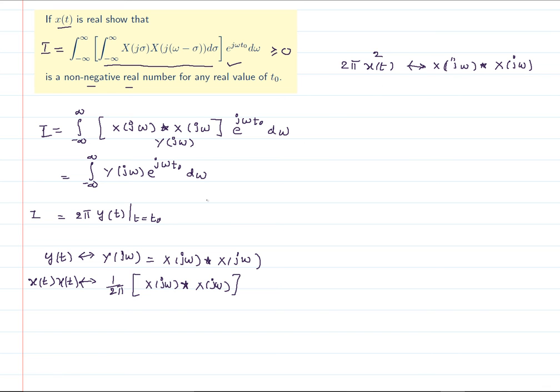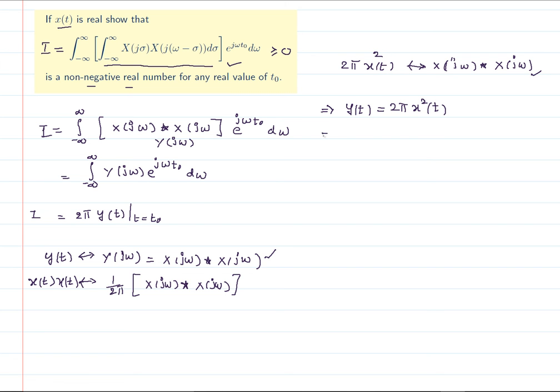From the result we have just obtained, we can easily see that our y of t would be equal to 2 pi times x square of t.